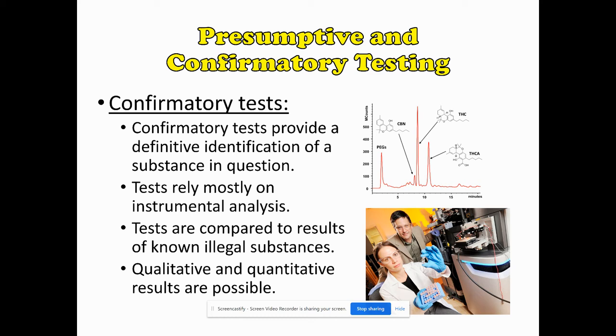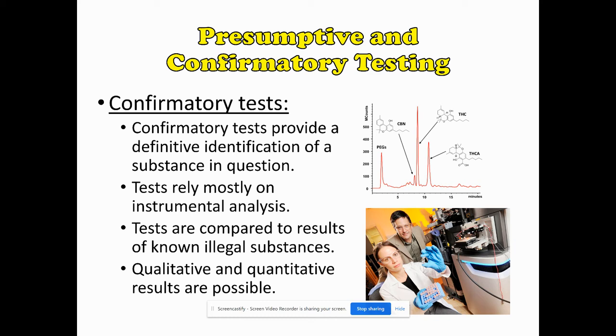Down below, something I'm trained in is called HPLC, High Performance Liquid Chromatography. We talked about that last semester. We see a chromatogram, which is basically a graph of that HPLC. This is a chromatogram of marijuana. We see a couple of cannabinoid compounds, and cannabinoids are just all the different active ingredients in marijuana.